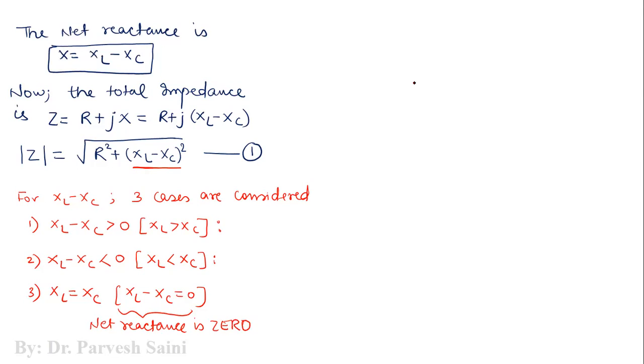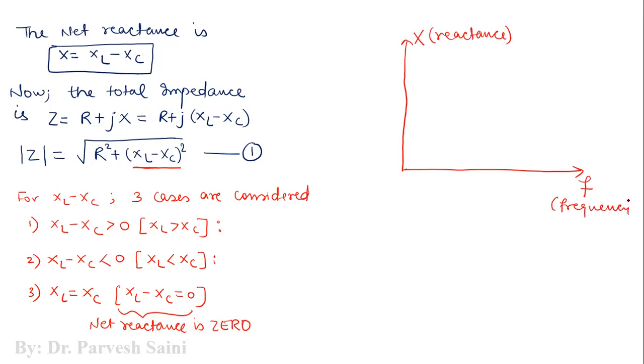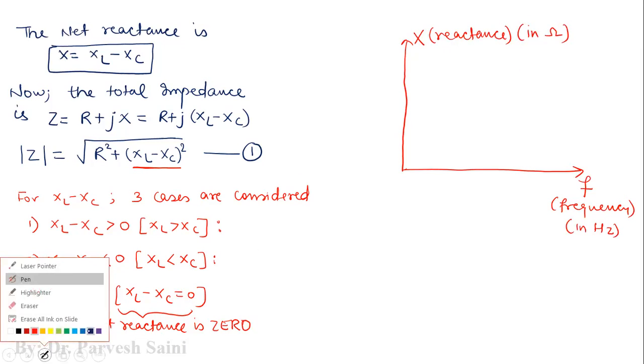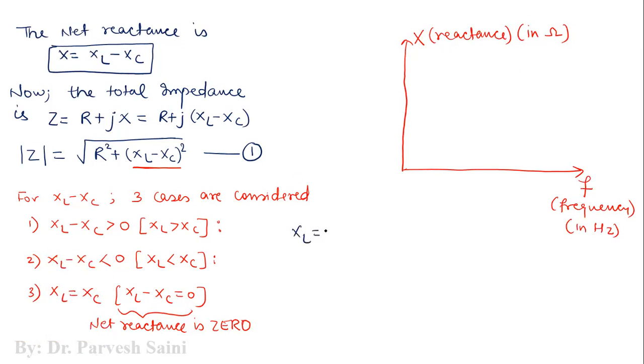Now this can also be understood with the help of a diagram. So if we draw the diagram here, frequency versus reactance, and this is the frequency which is measured in hertz, and reactance is measured in ohm. Now we know that XL is nothing but 2 pi FL, and XC is nothing but 1 upon 2 pi FC.